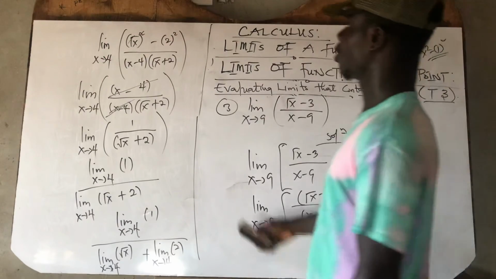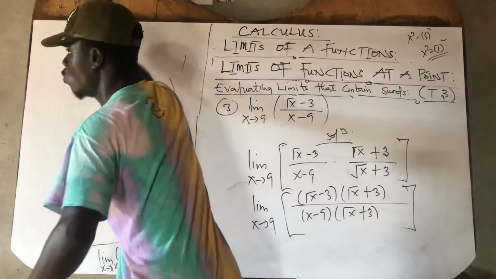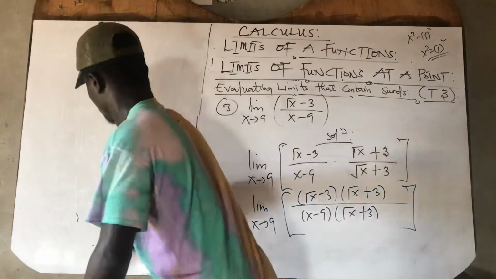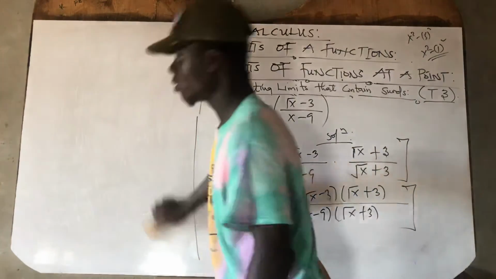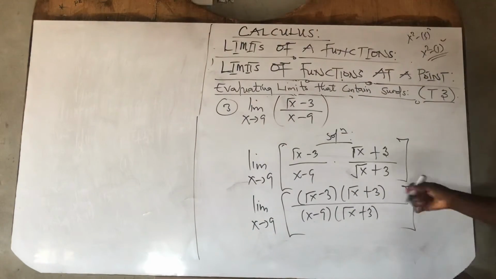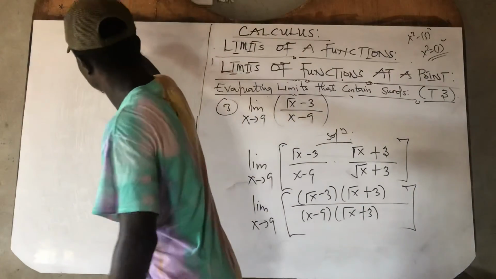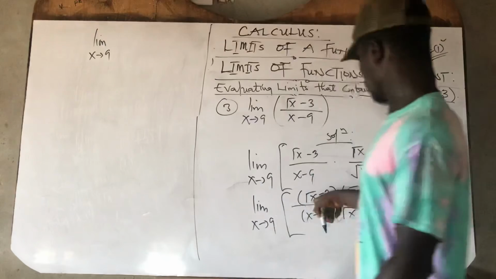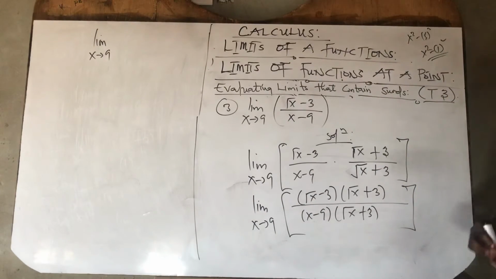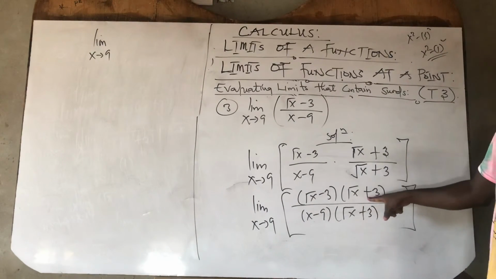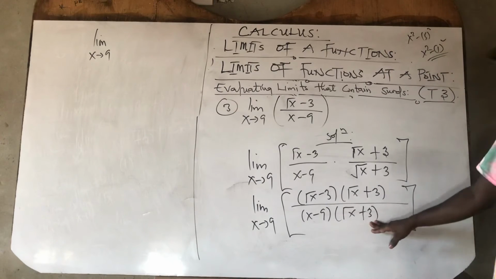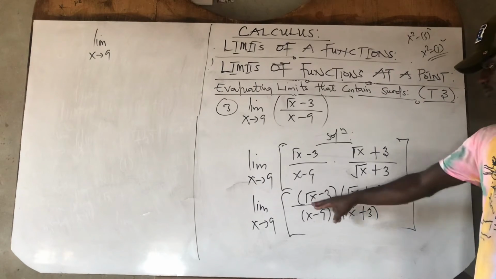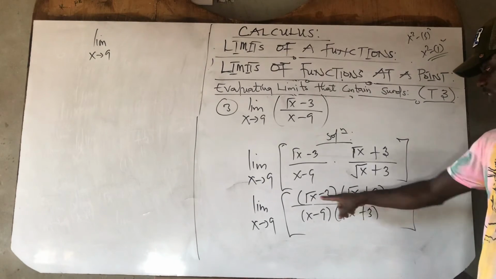So we move as that. The limit as x approaches 9 of the square root of x minus 3 times the square root of x plus 3, all on that. Negative, positive, they are the same, but here it changes, negative and positive.